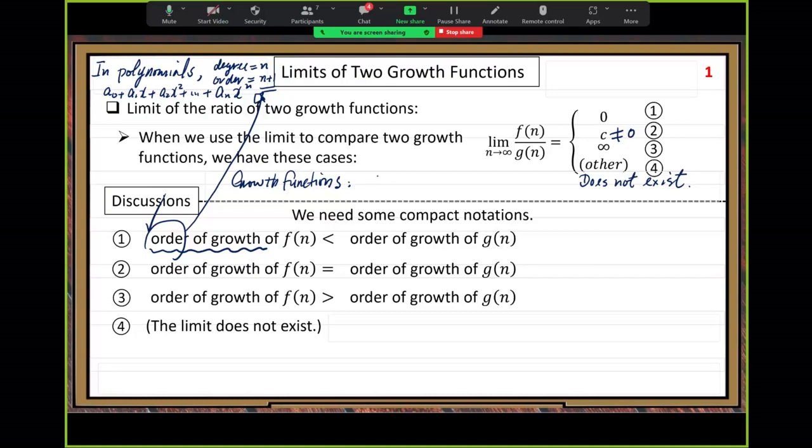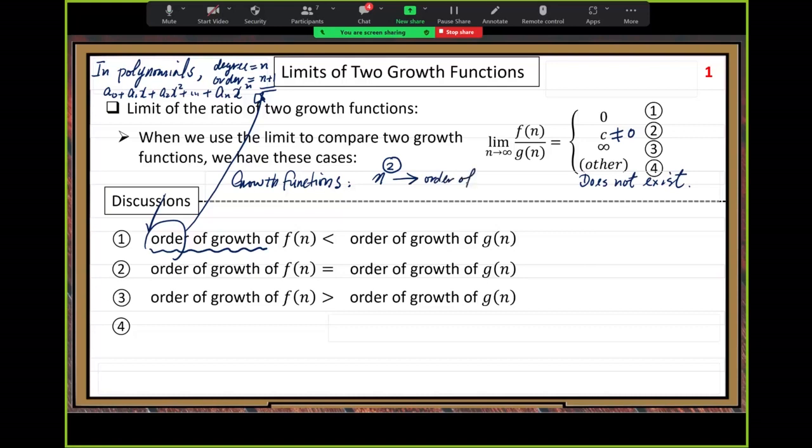So here I show you a few simple examples. If the growth function equals n squared, then because of the exponent number, we make this order of growth two. That's the direct order of growth.